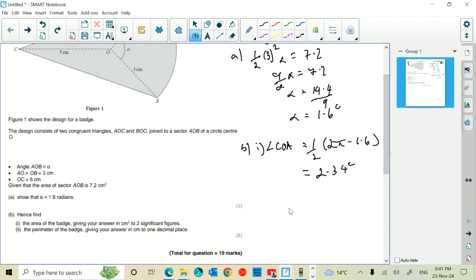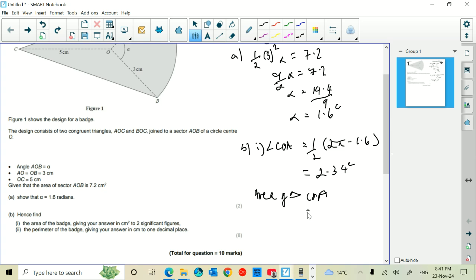And continuing on, we need to find the area of triangle COA.